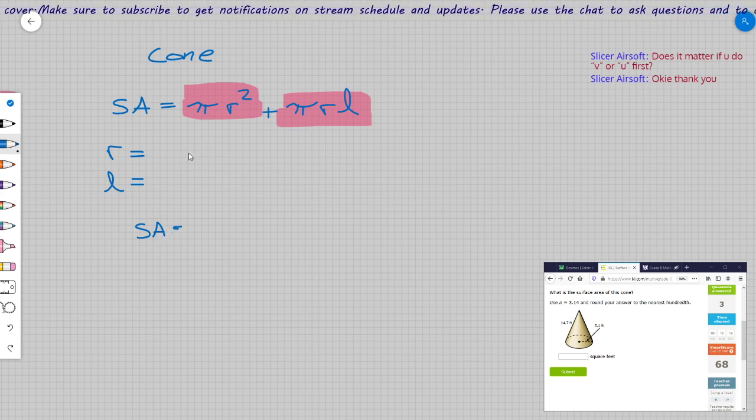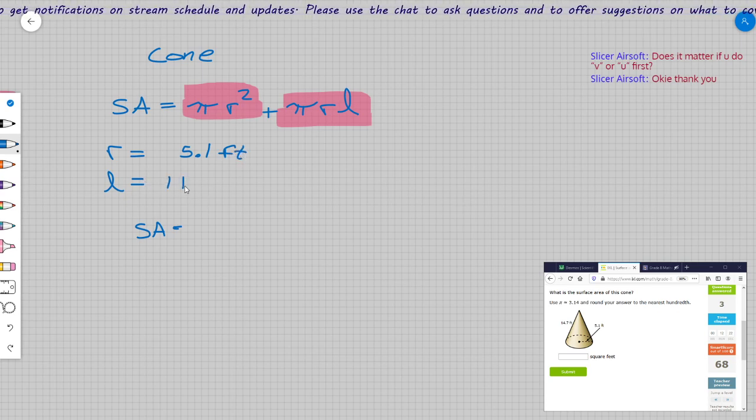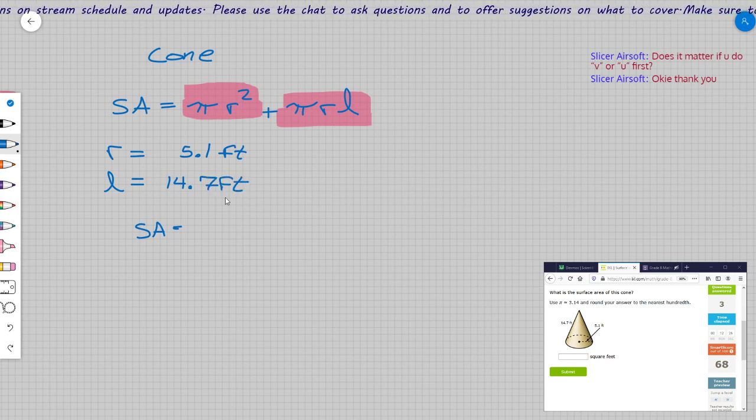So our radius in this case was already given. It was 5.1 feet. Length is 14.7. So then we got our stuff labeled, so let's go ahead and plug it in.